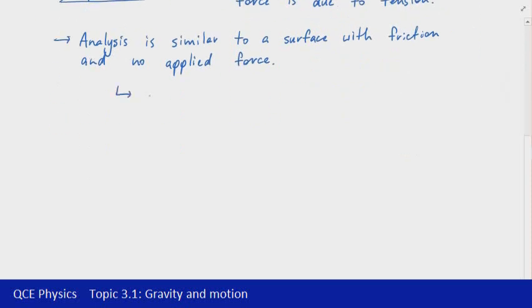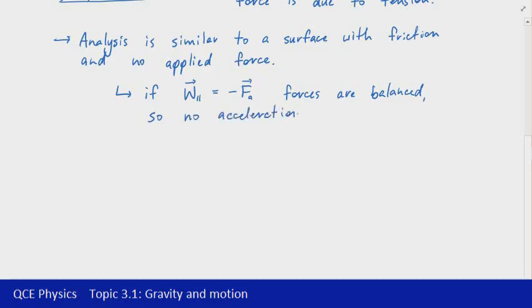So what I mean by that is that if we consider the situations where the parallel component of the weight is equal to and opposite the applied force, then it means that the forces are balanced, and we have a situation where the object, if it's stationary, it'll remain stationary. If it's moving at a constant velocity, it will continue to move with that velocity. So no acceleration. It's basically then an example of Newton's first law. So the object will maintain its state of motion whatever it's doing.